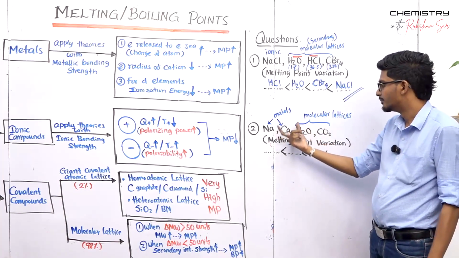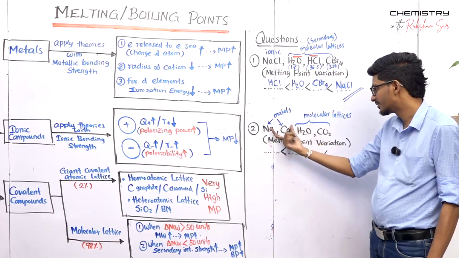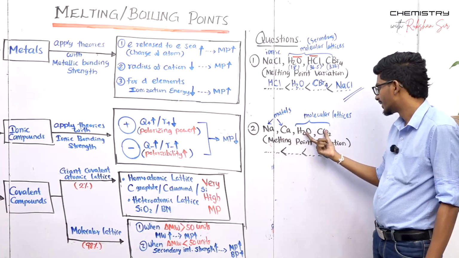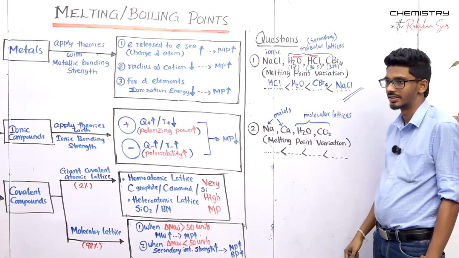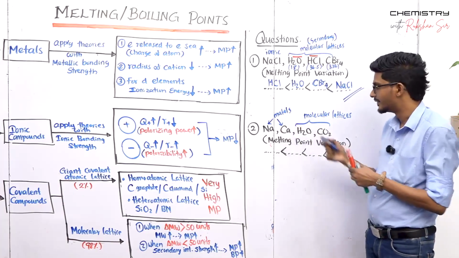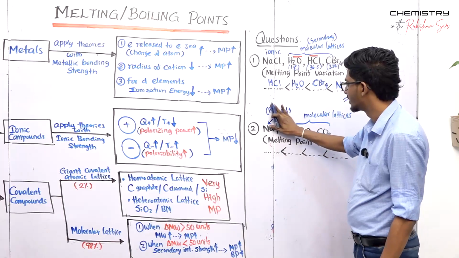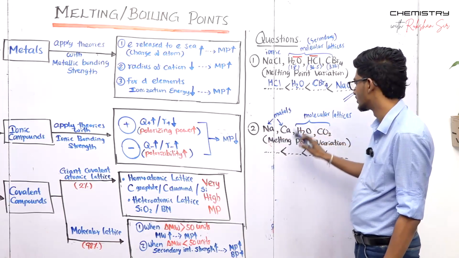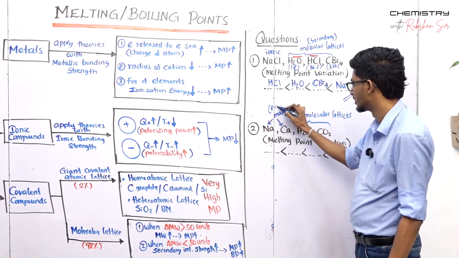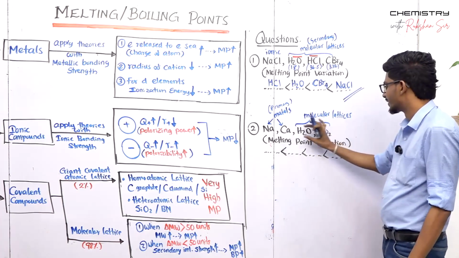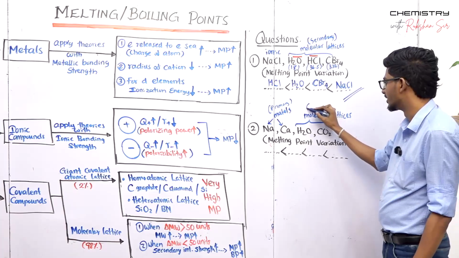Normally metals have greater melting and boiling points than the ones with molecular lattices. What is the reason? Here the particles are connected via a primary interaction, the ionic or metallic interaction, and here the particles are connected via secondary interactions.